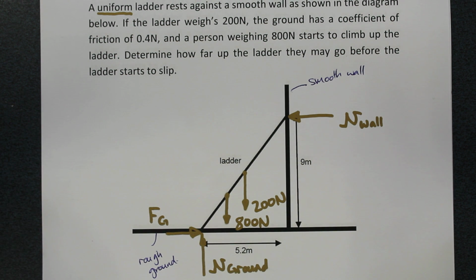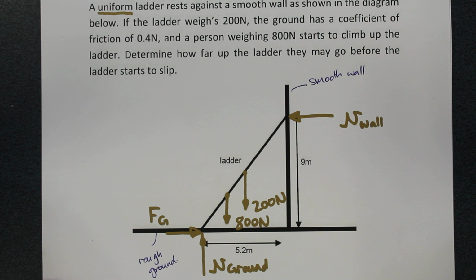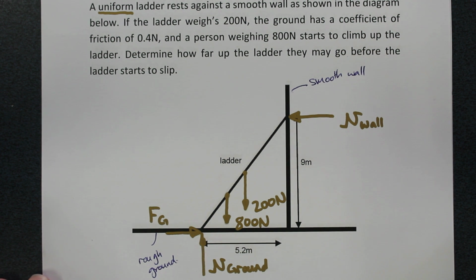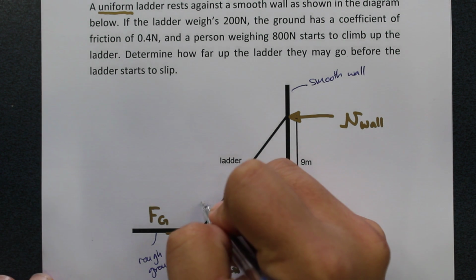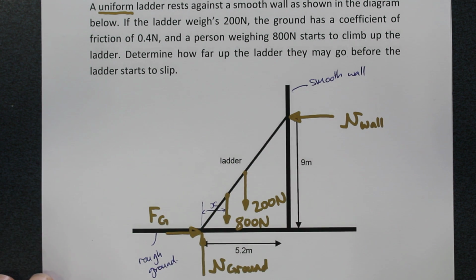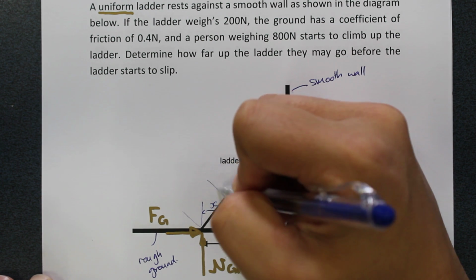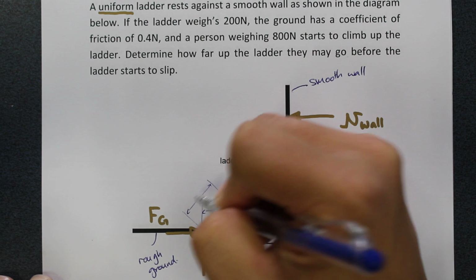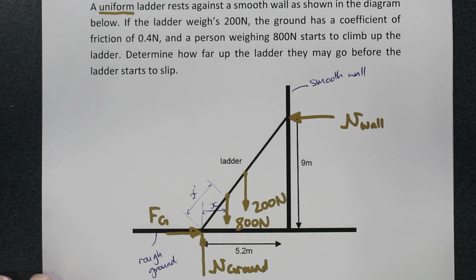The person would be going up that ladder at some distance x, which will correspond to some distance along the ladder, so we could call this x prime. Alright, so that's our free body diagram, and now from the free body diagram we can analyze what's going on in this system.